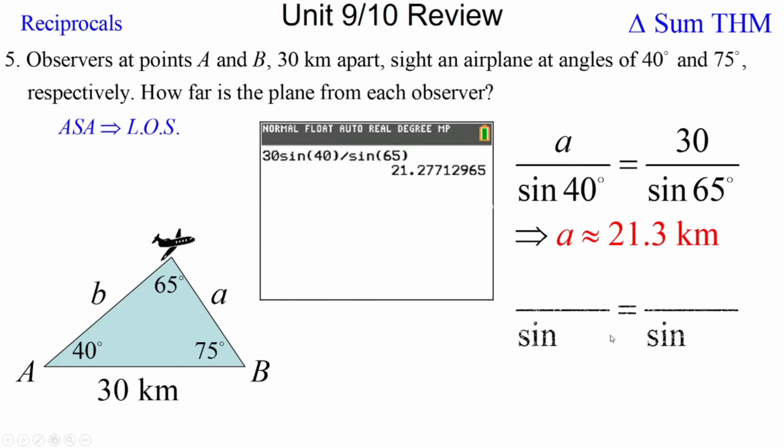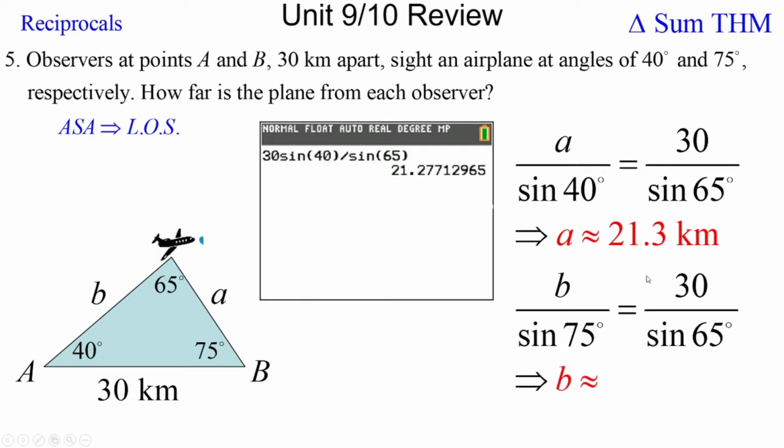All right, so let's set it up, and we're going to go B over sine of the angle opposite B, 75, equals, and let's use the stuff we know again, the 30 over the sine of the 65-degree angle right there. And now let's multiply both sides by sine of 75.